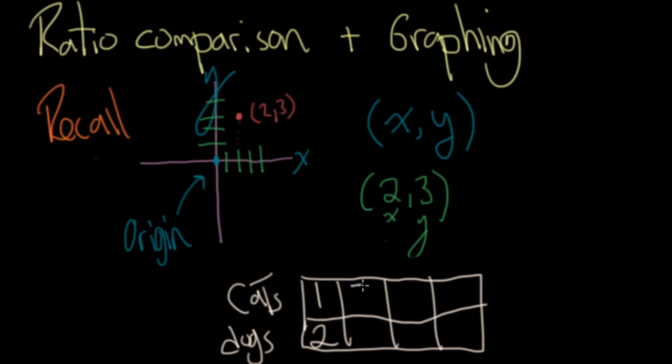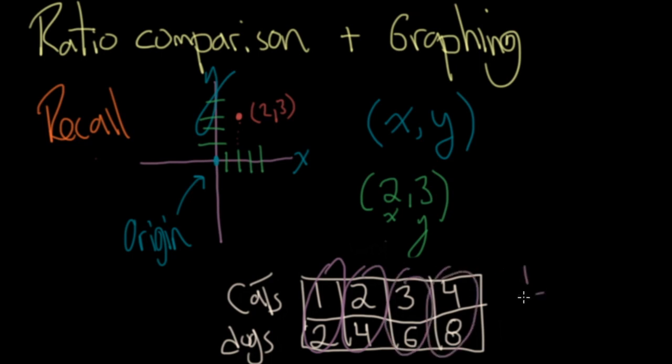So that means when there are 2 cats, there would be 4 dogs. And when there are 3 cats, there would be 6 dogs. And there are 4 cats, there would be, you got it, 8 dogs. And these are all creating equivalent ratios. So we have to remember that we get equivalent ratios this way.